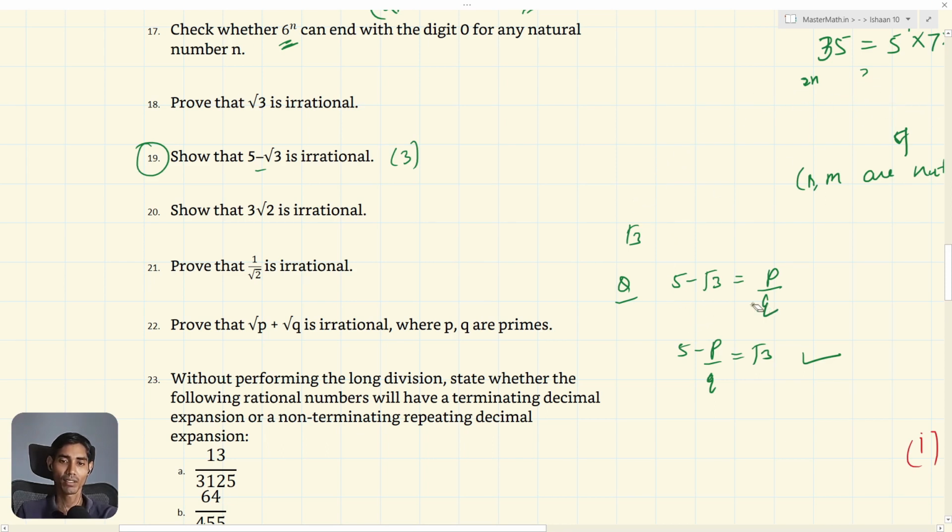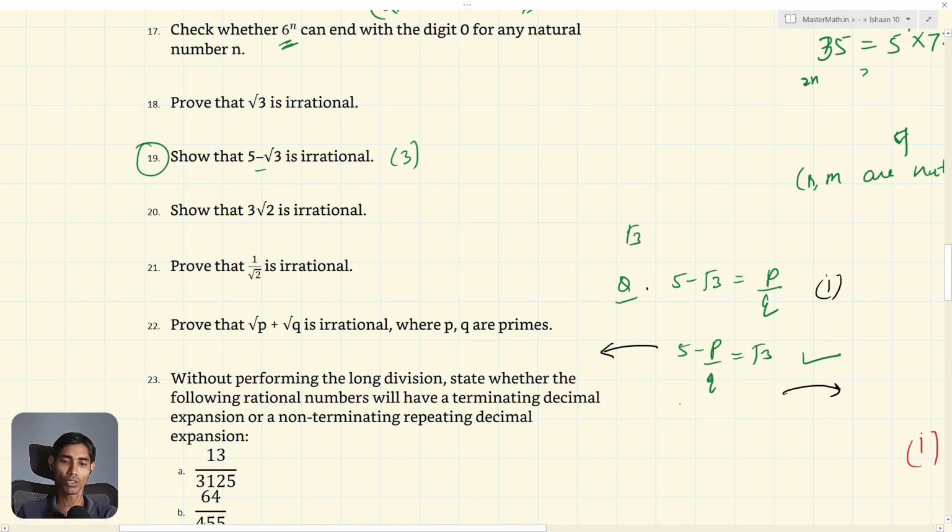I was saying that first we assumed 5 minus root 3 to be a rational number. This is our first step. And then 5 minus p by q is equal to root 3. We are taking everything rational to one side and irrational to the other side. And then since we know that root 3 is irrational, it is the same thing.